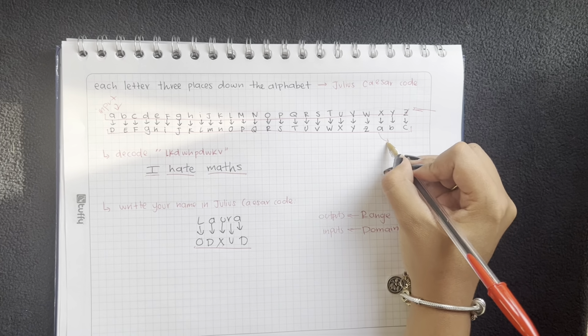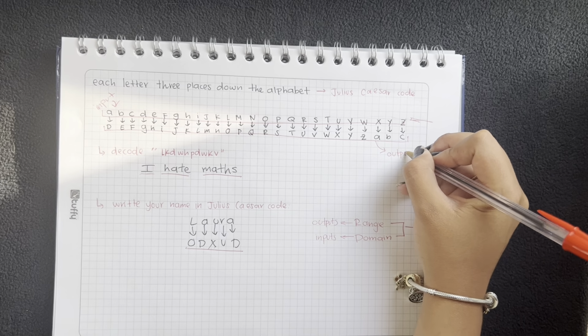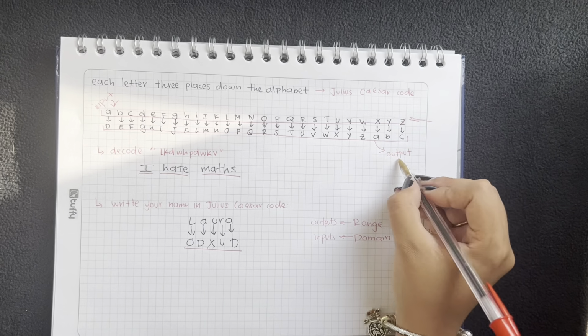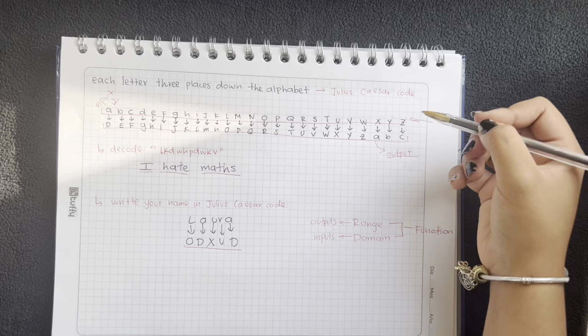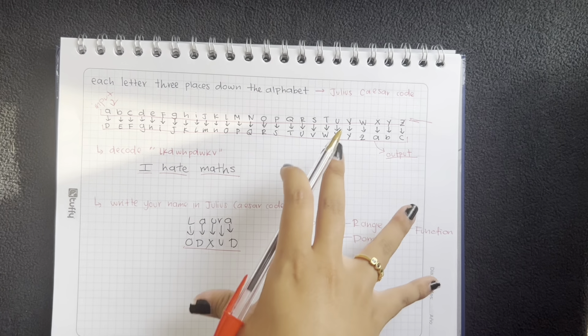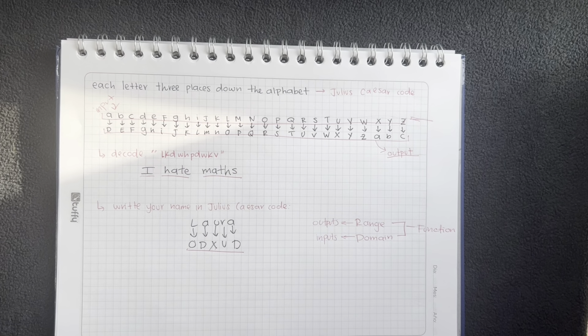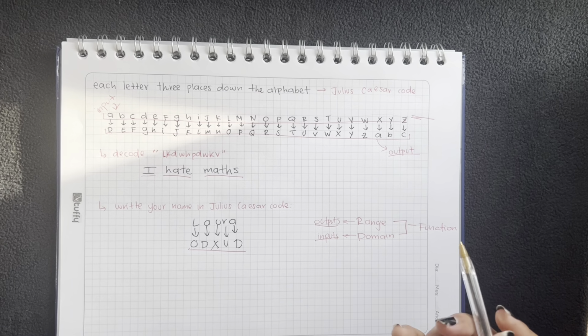It's what we get from our input. So these outputs can be represented as our range, and the inputs right here can be the domain, and that's how this exercise can represent what a domain and what a range is, especially taking into account that they are outputs and inputs.